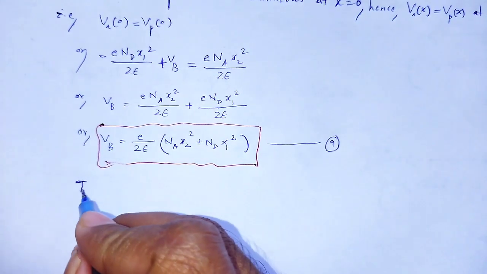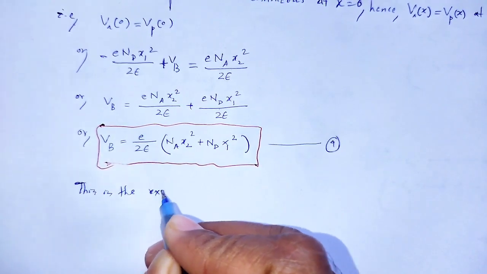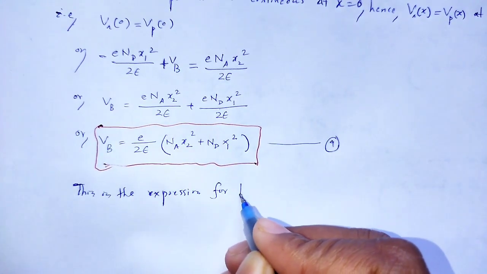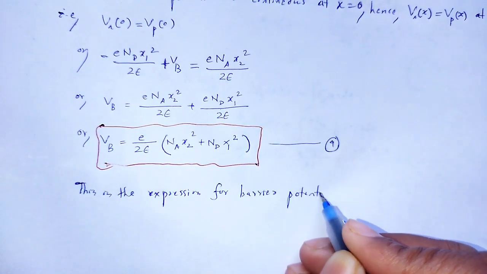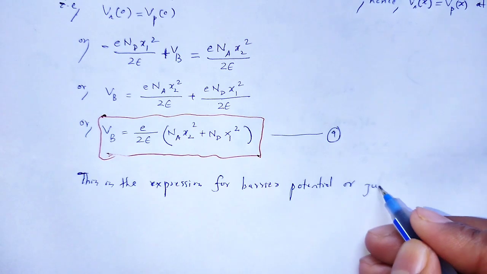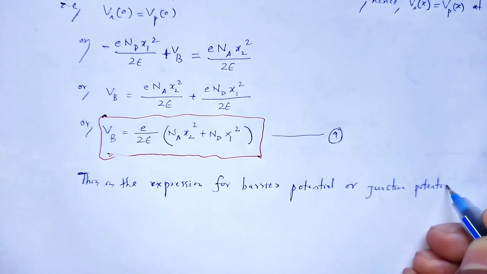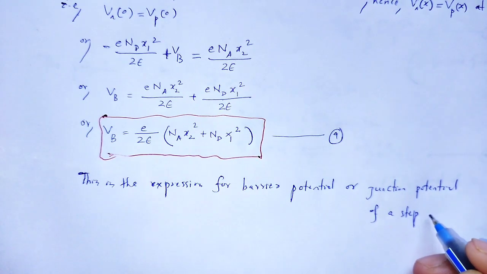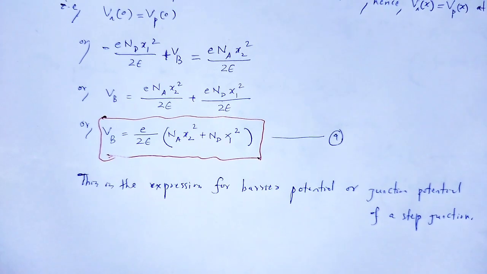This is the expression for barrier potential, or that is the junction potential of a step junction, step graded junction.